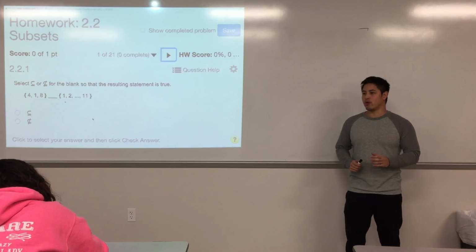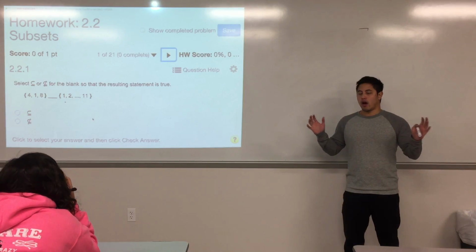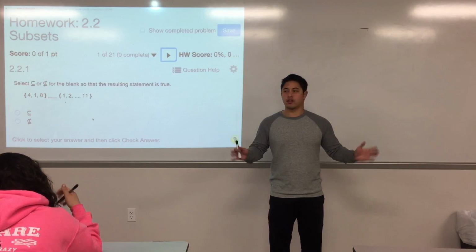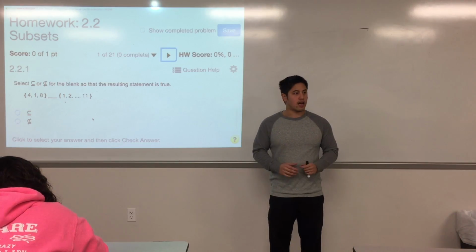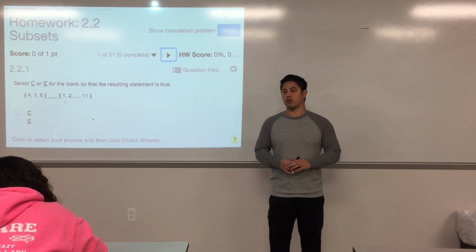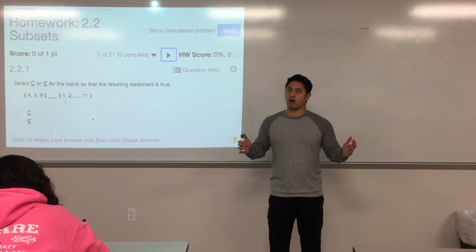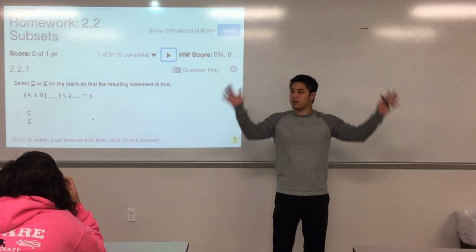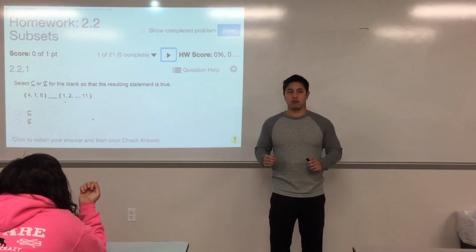I could say as a description, the set of students in this classroom who are on their way to a bachelor's degree. And that would be a set, that'd be all of you guys, right?